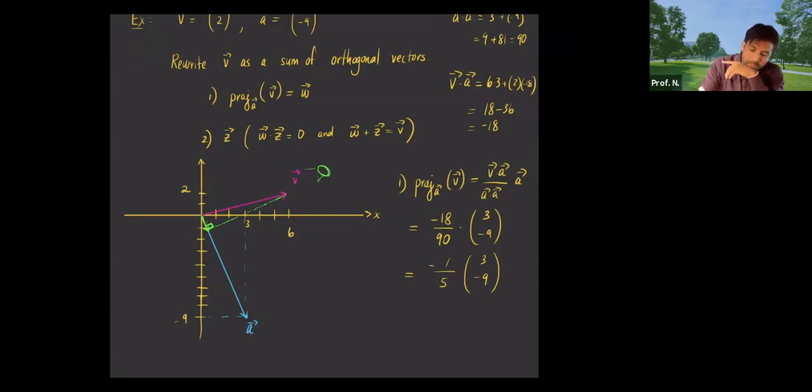So this then becomes negative 3/5, and this becomes positive 9/5. So this is my vector. That's the orthogonal projection of V along the vector A.